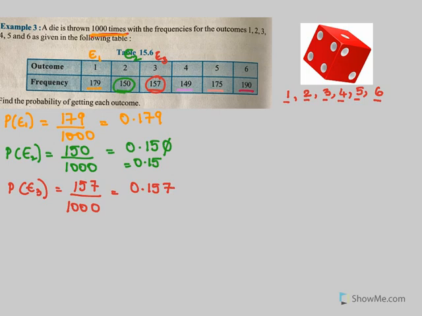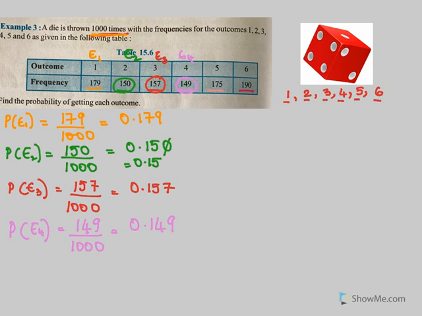Now we'll go on to see the probability of the next, and that is the probability of event 4. How many times has 4 come? 149 times. 149 over total 1000. So that is the probability of event 4, 0.149.